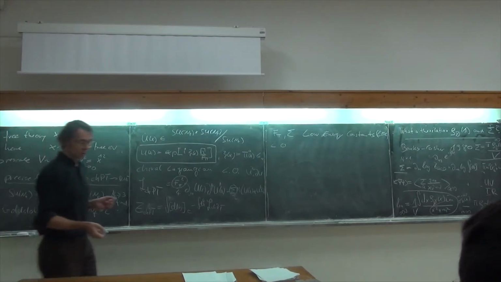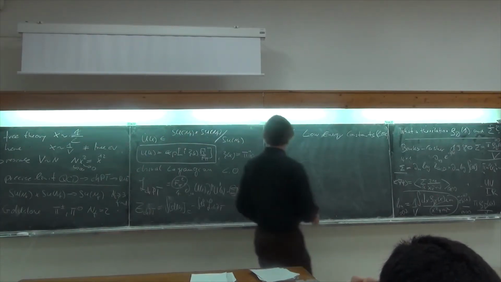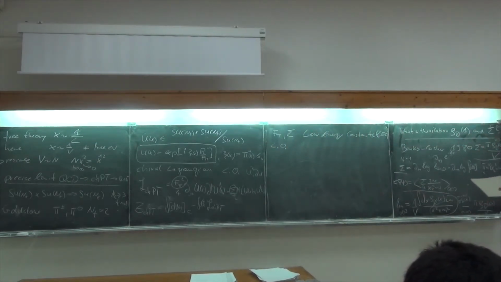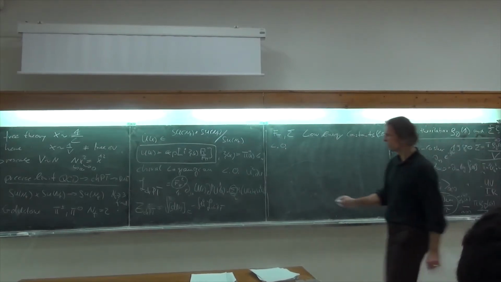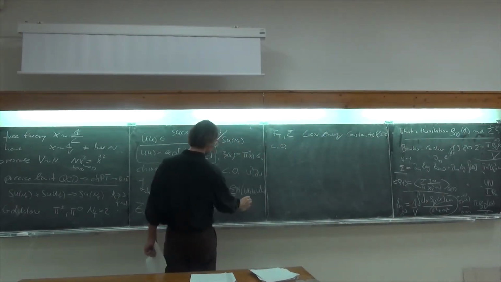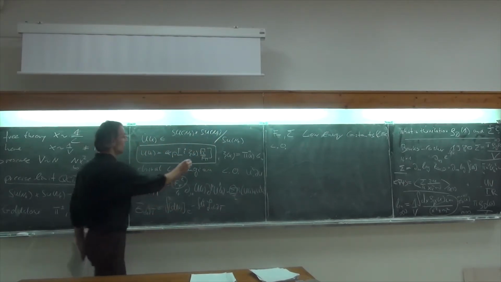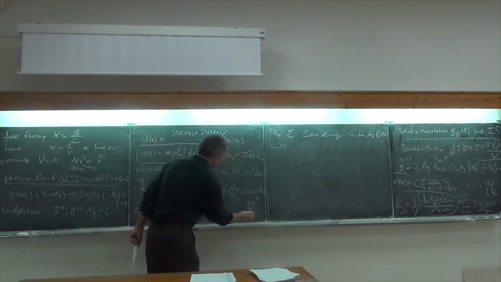Okay. So this is quite a complicated field theory. I would like to point at one thing, namely when you put here the expansion in psi, you will get psi squared over F pi squared.